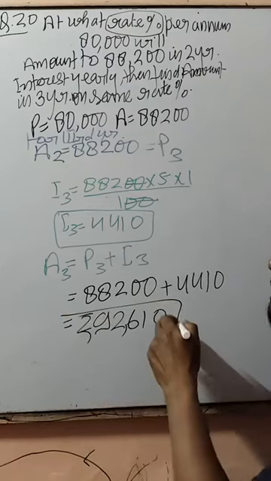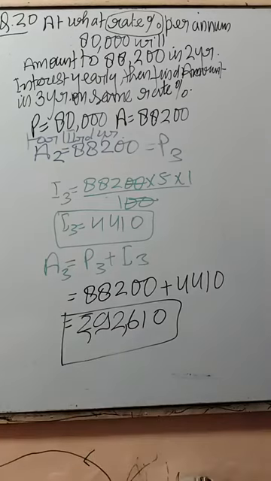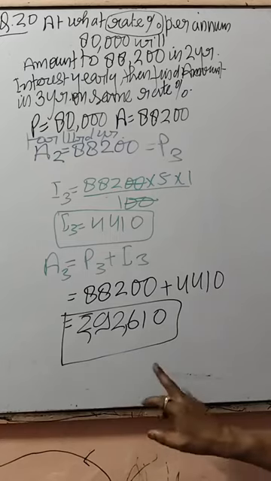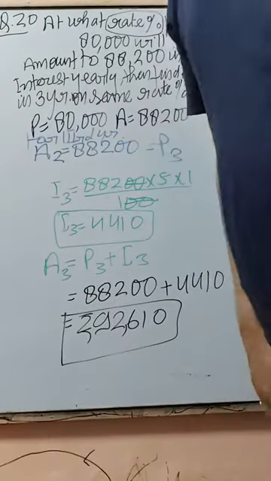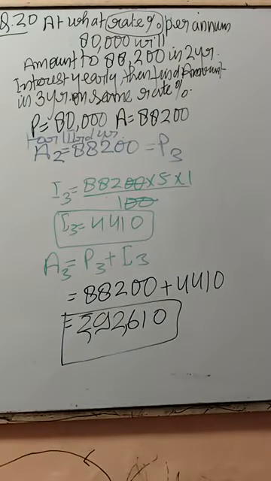Check the answer. Amount for the third year, 92,610. You get here 92,610. Yes, sir. So this is what we have for the third year amount. Right? Yes, sir. So okay then.